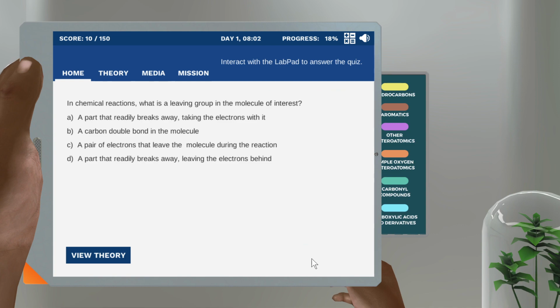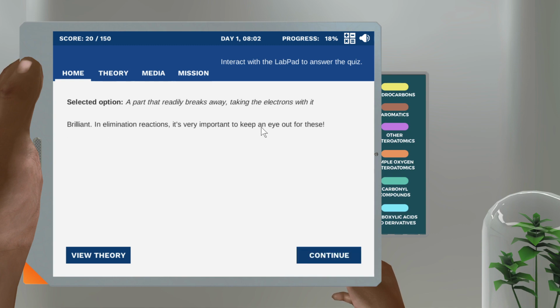In chemical reactions, what is a leaving group in the molecule of interest? Brilliant. In elimination reactions, it's very important to keep an eye out for these.